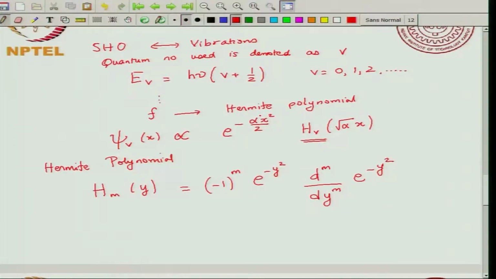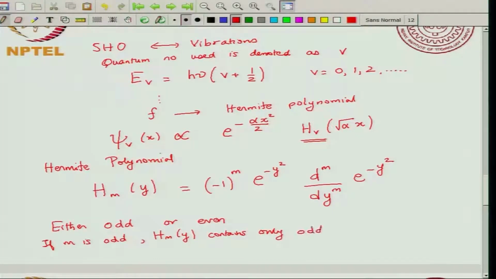And again, just like the Legendre polynomials, they are either odd or even. So if m is odd, Hm of y contains only odd powers.